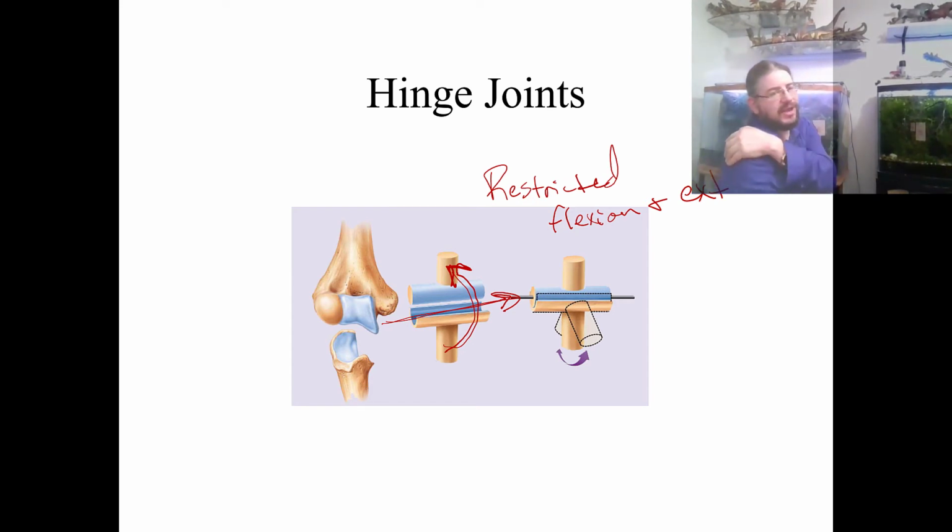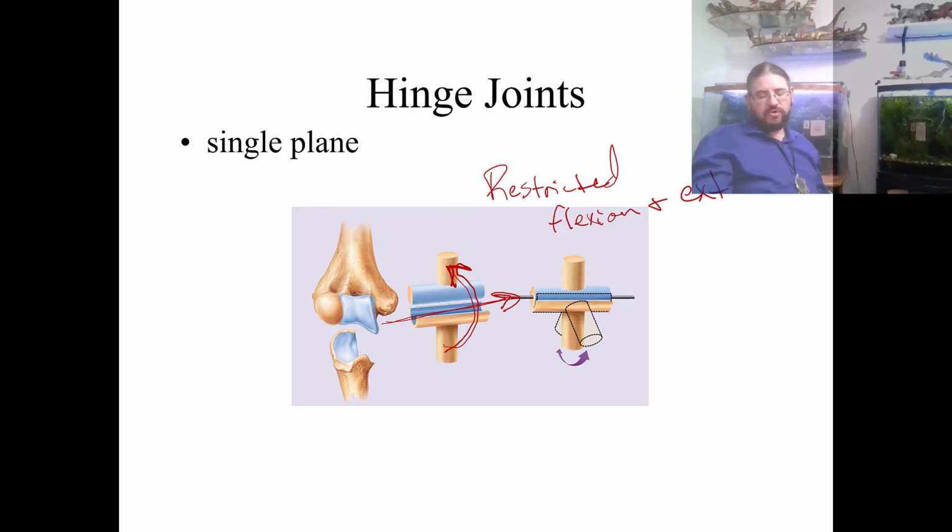Your ball and socket is obviously not a hinge because it can do more movements, but your knee has a hinge component to it. And then, of course, your humeral ulnar joint has a hinge to it. This guy's hinging his joints.